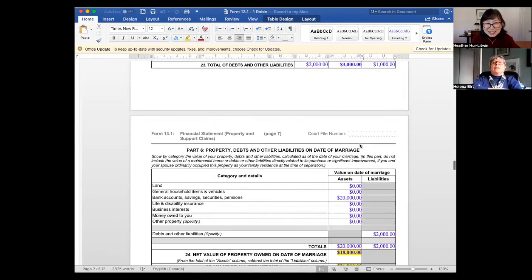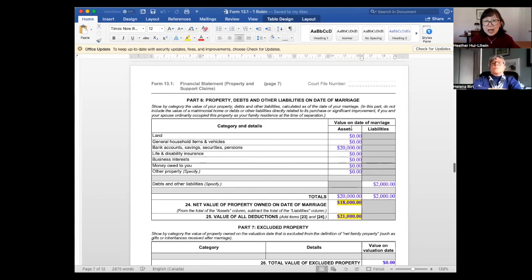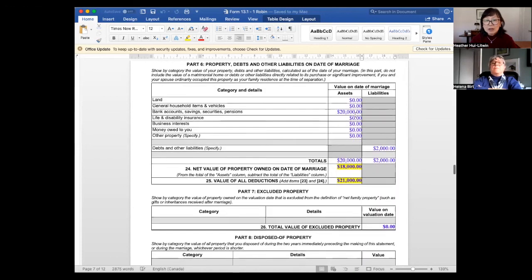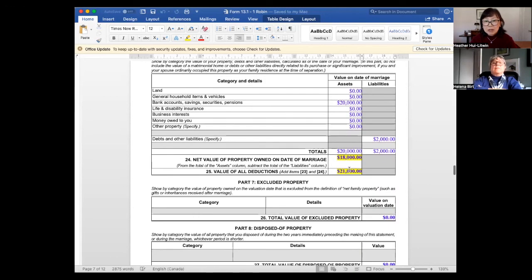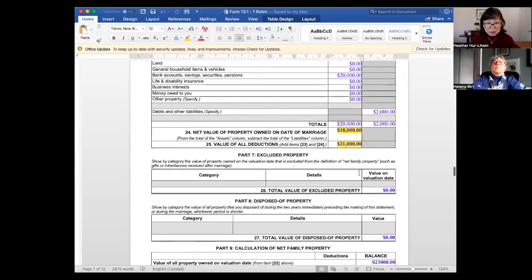I always forget. 23 is the total of debts and other liabilities. So you're adding 18 plus 3,000, right? Yep, 18 plus 3,000 makes 21,000. And so that's how we got this number here, 21,000 for item 25.